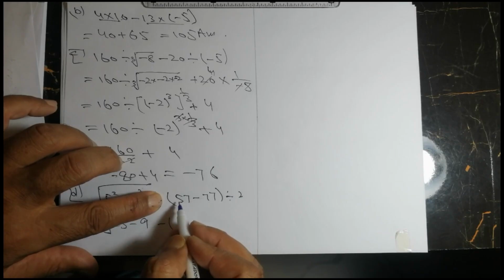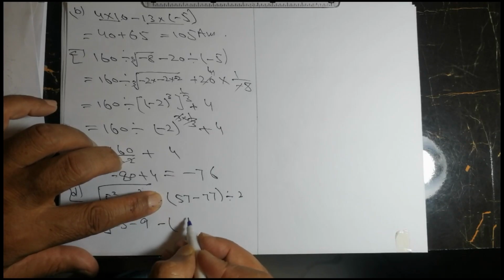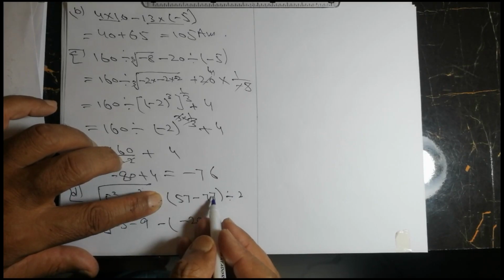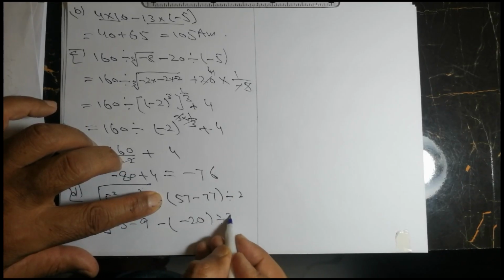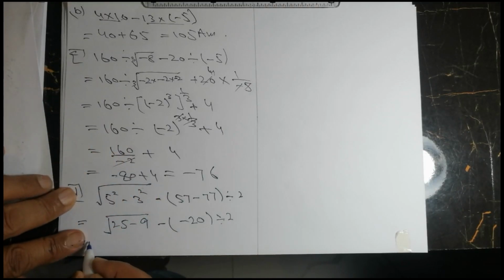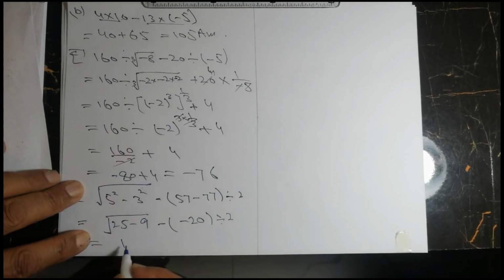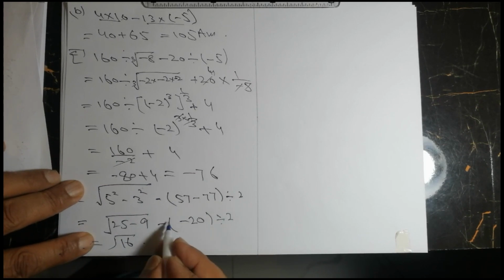So 77 minus 57 will be minus 20, because 77 is bigger, so the sign will be negative, divided by 2. So 25 minus 9 will be 16, and this minus minus will be plus.